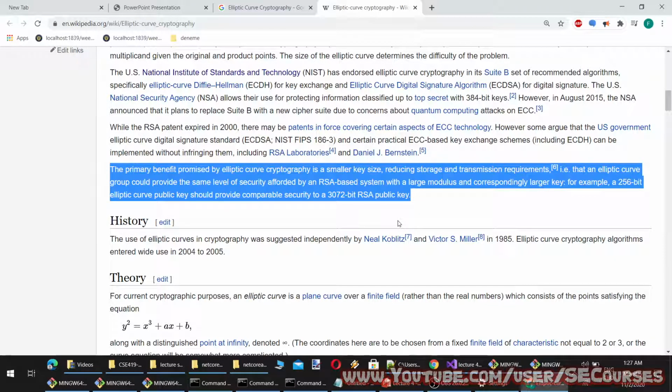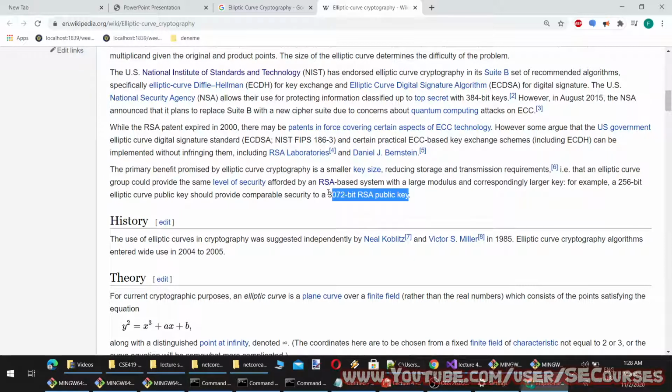The primary benefit promised by elliptic curve cryptography is a smaller key size, reducing storage and transmission requirements, i.e. that an elliptic curve group could provide the same level of security afforded by an RSA-based system with a large modulus and correspondingly larger key. For example, a 256-bit elliptic curve public key should provide comparable security to a 3072-bit RSA public key.